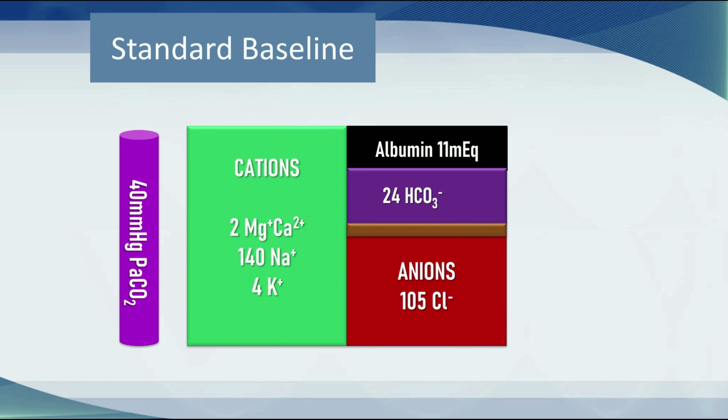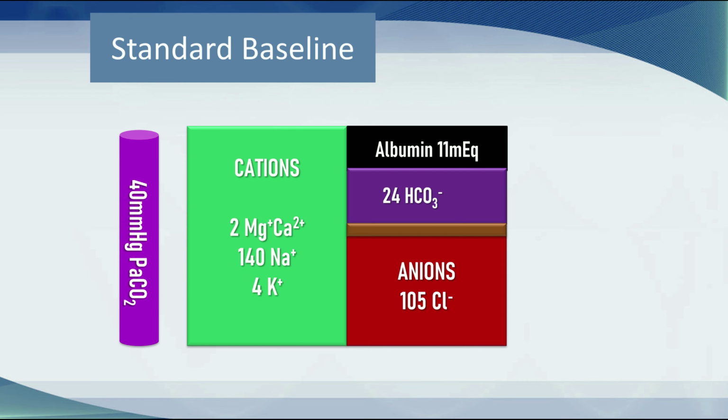If we look at our standard baseline, partial pressure of CO2 in the arterial blood, 40 millimeters of mercury, cations: sodium 140, potassium 4, and about 2 milliequivalents per liter of magnesium and calcium. On the anion side, we have an albumin of 11. Now, the 11 is not the weight or molecular mass or anything else of albumin.